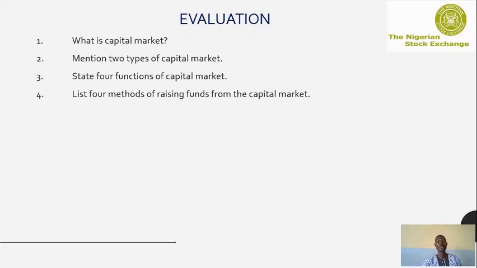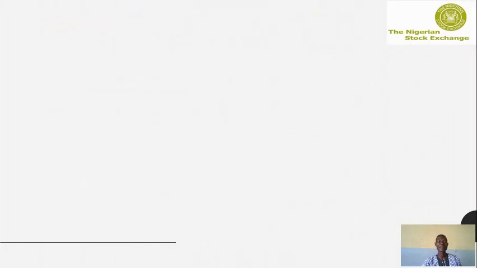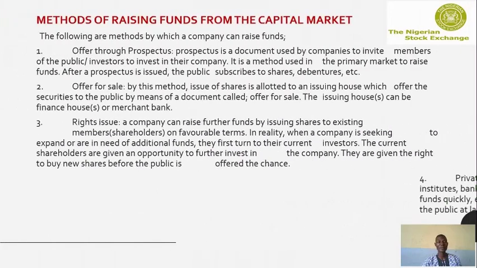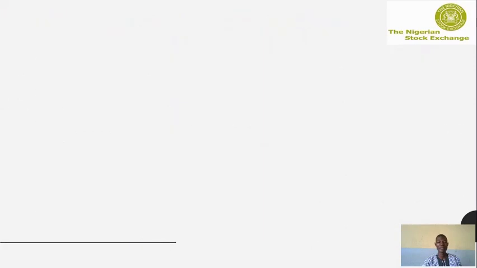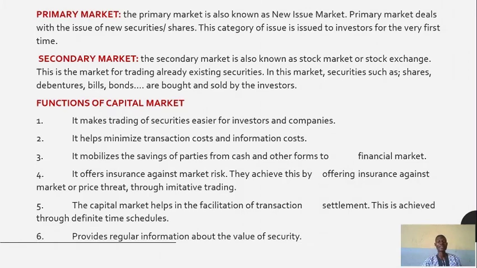Then the next question, state 4 functions of capital market. And we mentioned that 1, it helps in mobilizing savings. We also mentioned that it helps to minimize transaction costs and information costs.